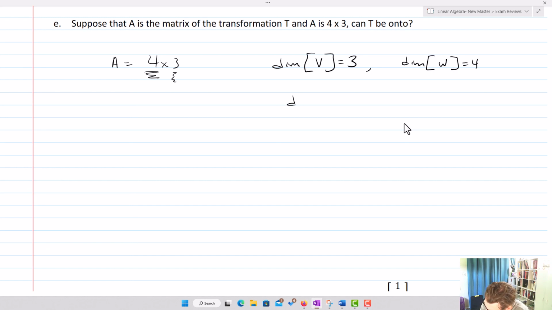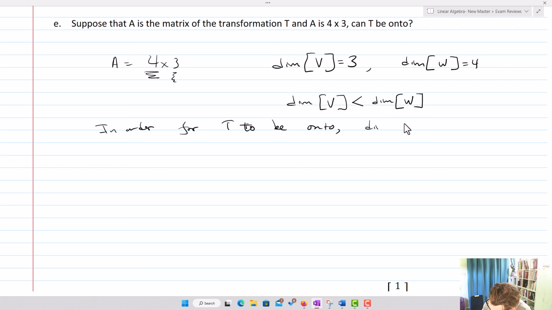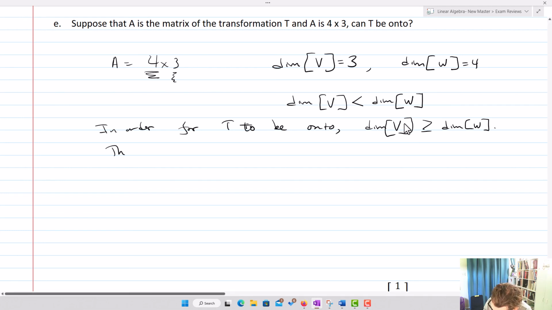So in this case, the dimension of V is less than the dimension of W. And if you remember, in order for T to be onto, the dimension of V has to be greater than or equal to the dimension of W. This is not true, so T cannot be onto.